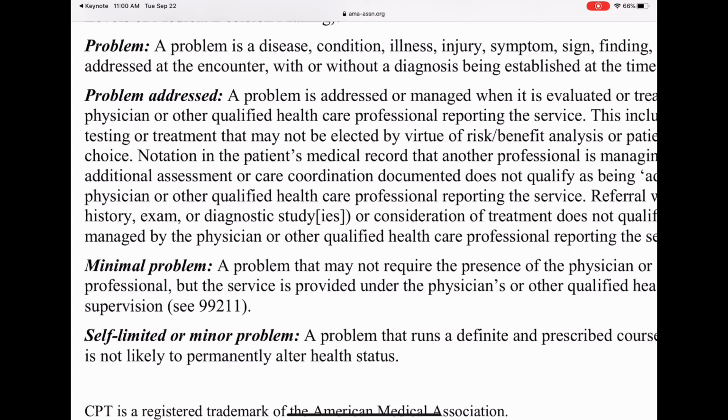So you take a look at the patient and you say, we could do this test, but this test is actually more dangerous to the patient than necessary. The test or treatment is definitely not worth the risk to the patient. But because you considered it and because you documented it, you can count that as a problem addressed.